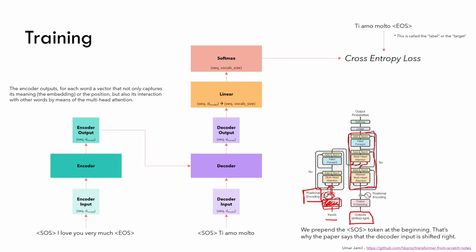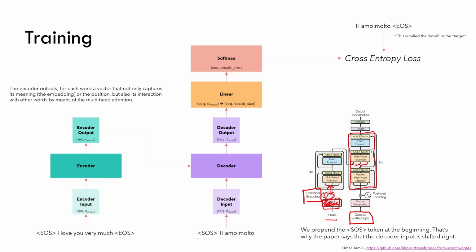Now let's understand why we have these special tokens called SOS and EOS. You can see that here the sequence length is 4. Actually it's 1000 because we have the padding, but let's say we don't have any padding, so it's 4 tokens: start of sentence, ti amo molto, and what we want is ti amo molto, end of sentence.